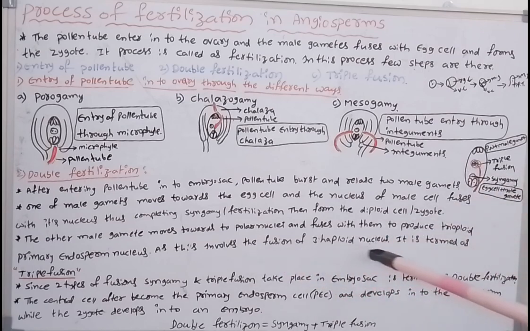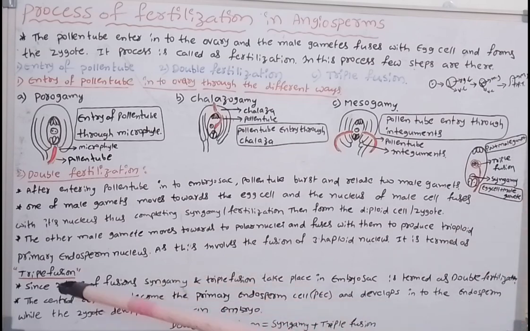It is termed triple fusion. Triple fusion means two polar nuclei and one male gamete, so these three haploid nuclei fuse. That's why this process is called triple fusion.